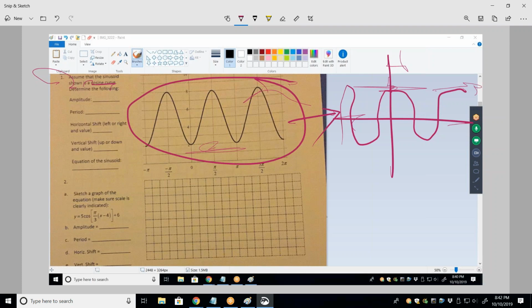Yeah, either one. Well, if I were to take this curve and move it left, that is a positive.